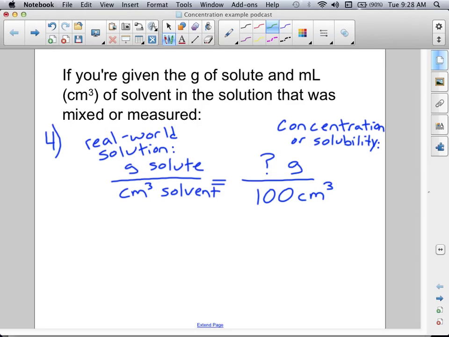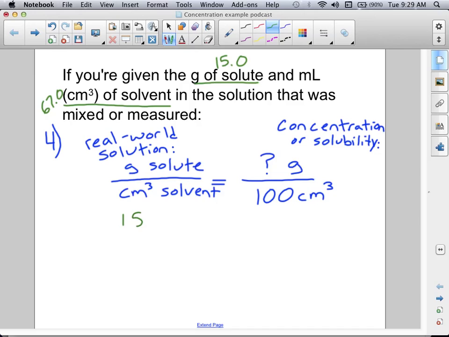It gives me grams of solute, 15.0 grams, and it gives me centimeters cubed of solvent, 67.0 centimeters cubed. Because that's the real world solution that's really mixed, I put that on the left.